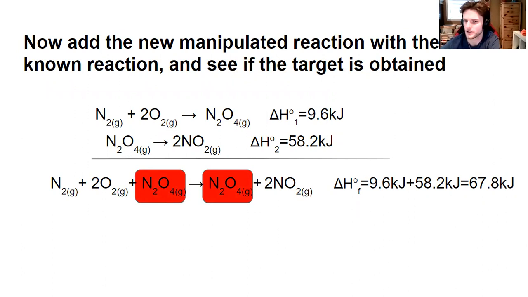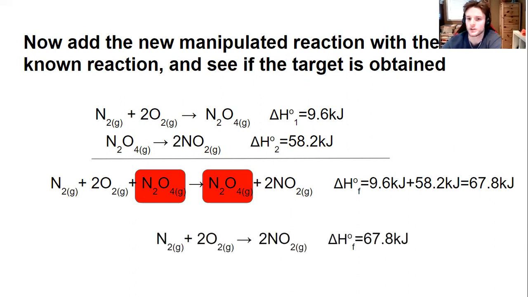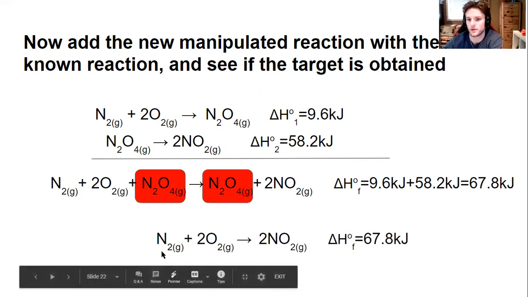But other than that, it's starting to look like our target. If we have something on both sides of an equation, if we think mathematically, then they cancel out. And the same thing is going to happen here. So if we simplify this, we get our target reaction here.